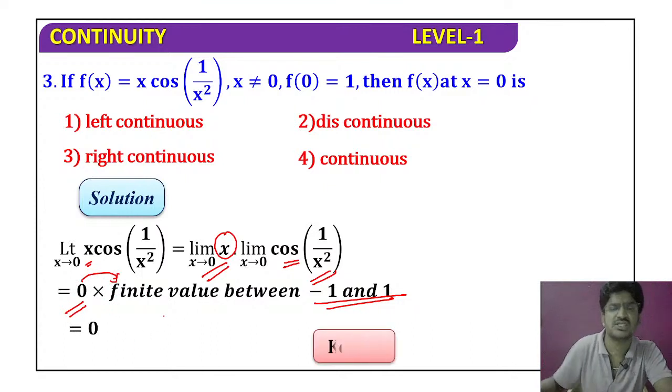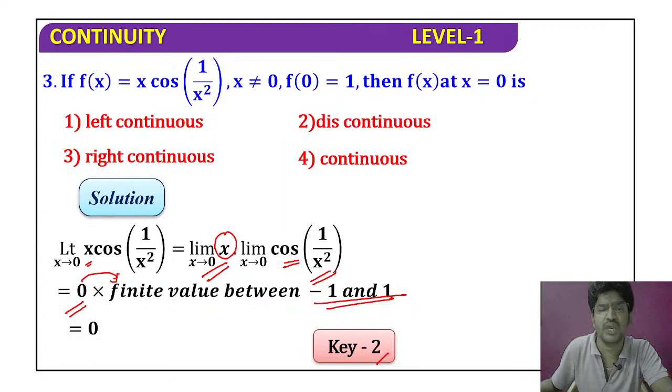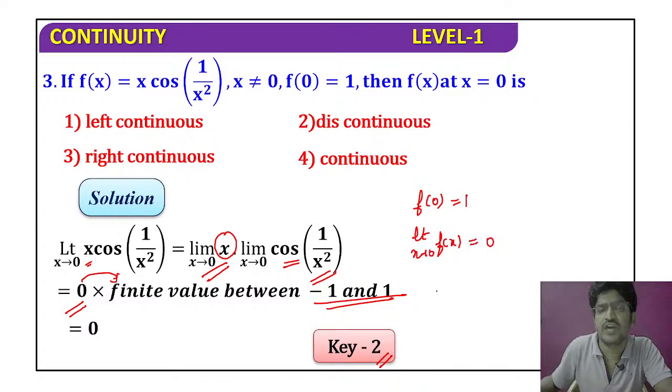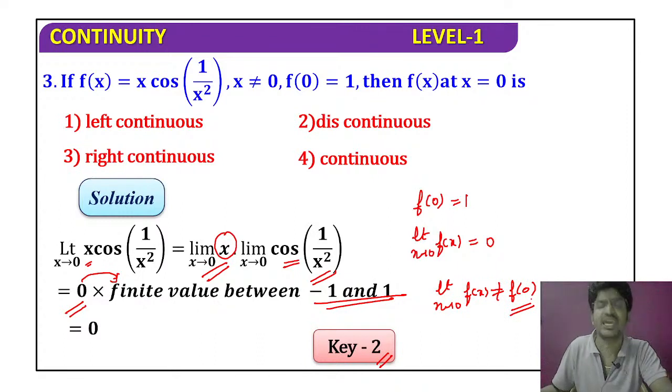So you can see that it is going to be discontinuous, because f of 0 is 1 and the limit as x tends to 0 of f of x is equal to 0. Therefore the limit as x tends to 0 of f of x is not equal to f of 0, so definitely we can say that this function is discontinuous.